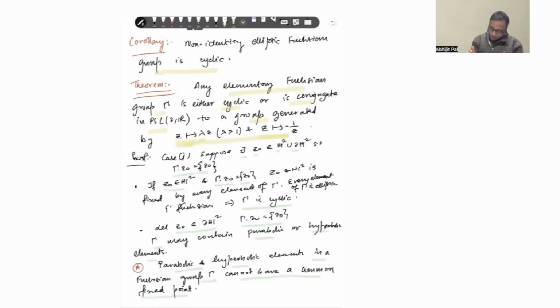Therefore, we have this observation: parabolic and hyperbolic elements in a Fuchsian group cannot have a common fixed point. Okay, so therefore, what we have is that elements of gamma are either parabolic or hyperbolic.